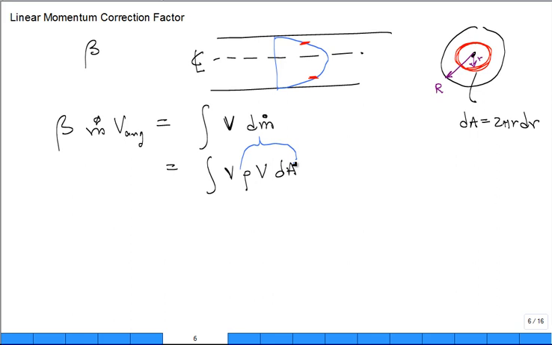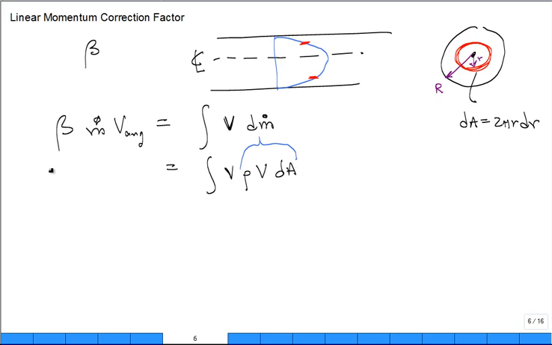It's the mass flow rate in that red ring, which is the product of rho V of the ring and the area of the ring. And so if we sum up over the mass flow rates, or if we sum up over the areas, we'll get the correct linear momentum flow rate through that cross section.